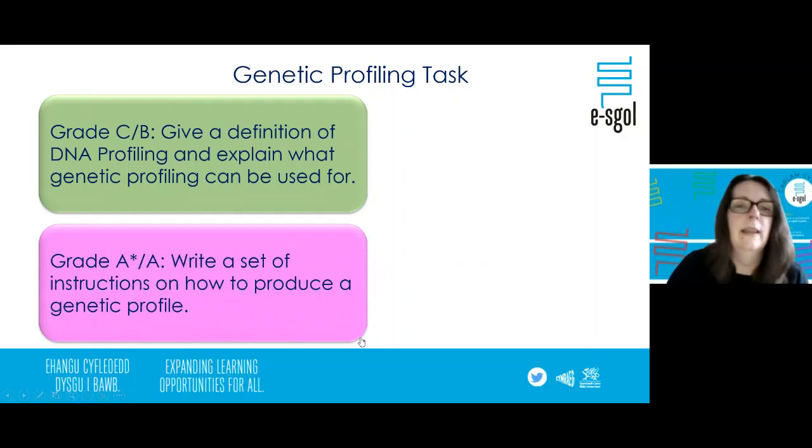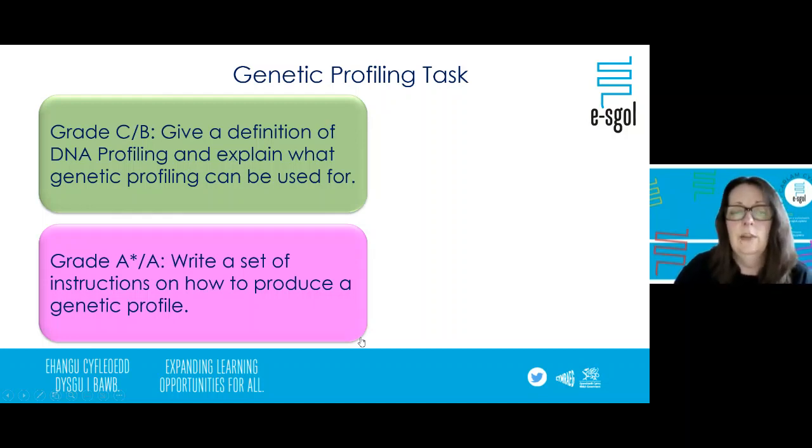Okay, here are a couple of example questions that you might want to have a think about and pause the film and have a go at attempting them. So the first one is an example of a grade B/C type question, and it's quite a straightforward question in terms of it's asking us to give a definition of DNA profiling and explain what genetic profiling can be used for. So in that case, you would give your definition of genetic profiling or DNA profiling, and then think about some examples that we've mentioned already, what that can be used for.